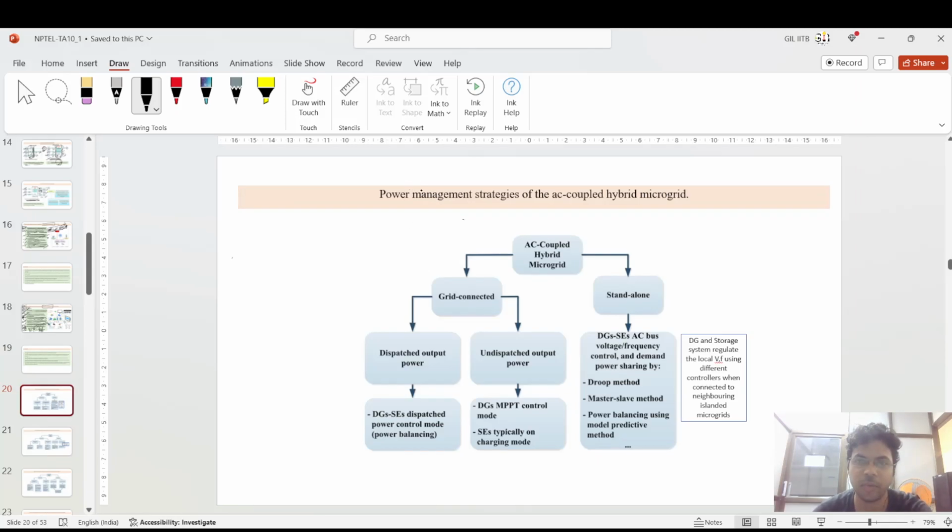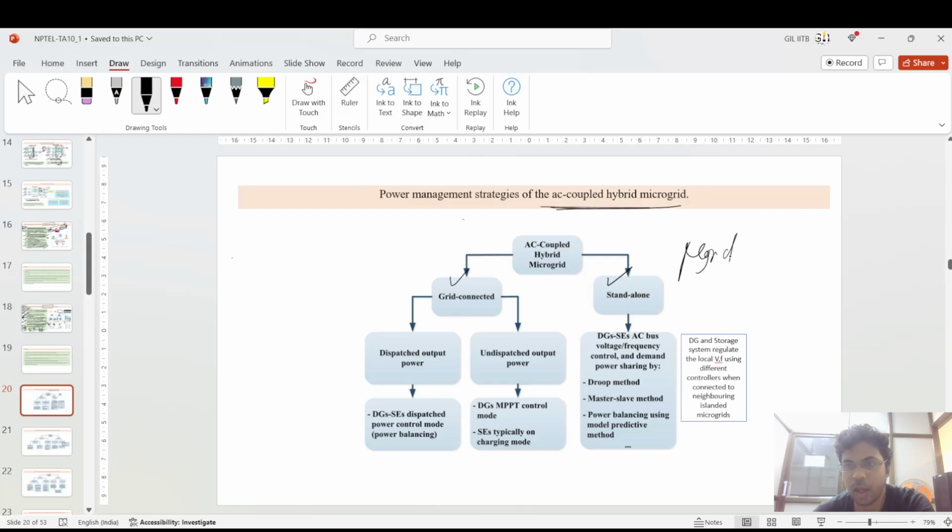Coming to our second topic, the power management strategies of the different coupled microgrids: AC, DC or hybrid coupled microgrid. In the first situation, this is the AC coupled hybrid microgrid, and it has two systems. One is the grid-connected system, the second is the standalone system.